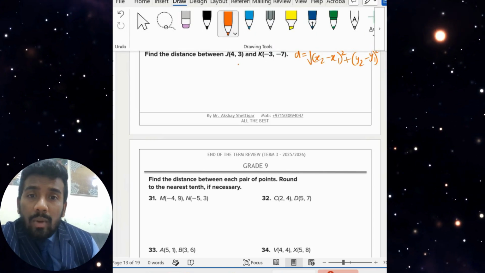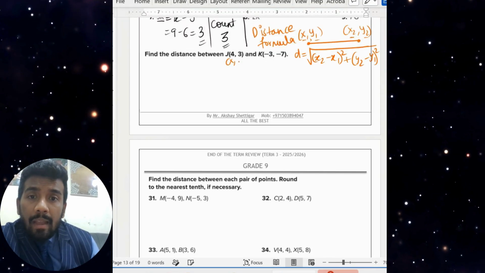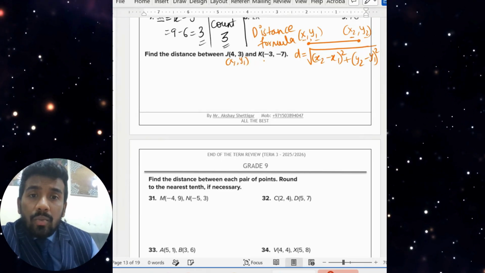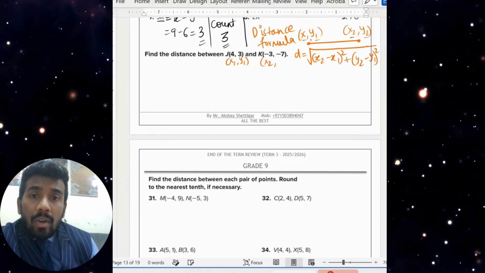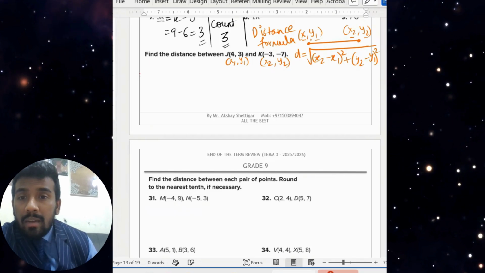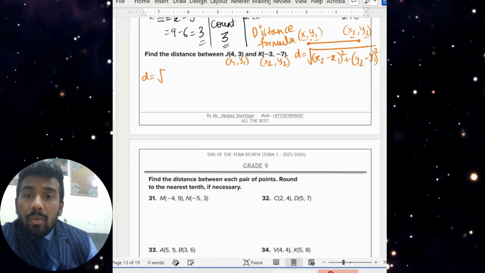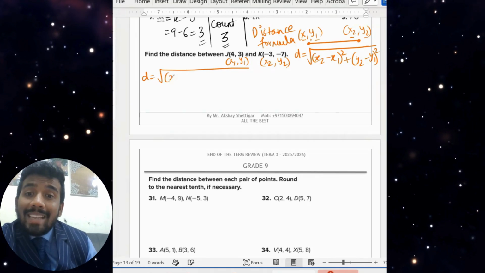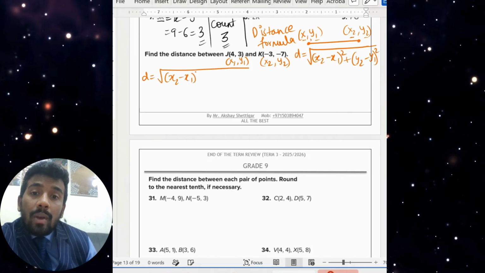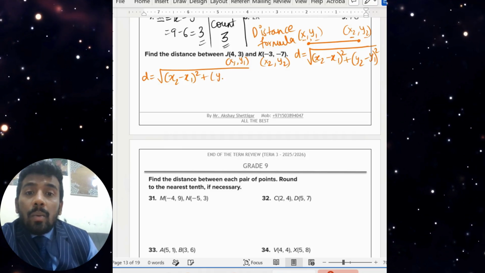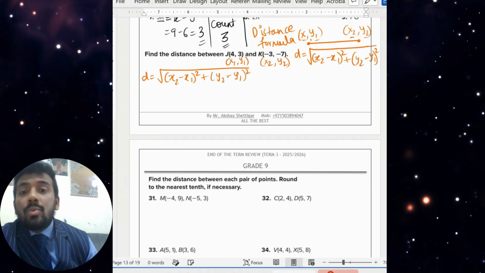That's your x1 and y1, that's 3, and next is x2 and y2. You need to remember the formula: x2 minus x1 square plus y2 minus y1 square.